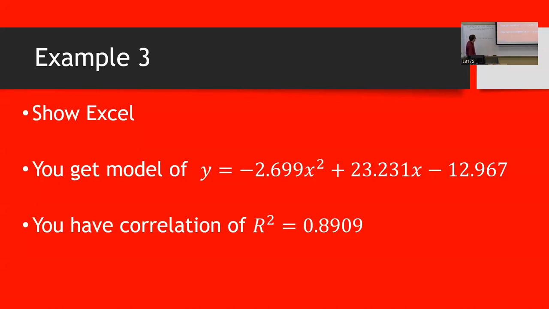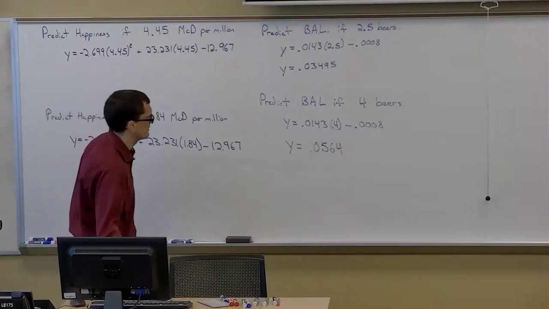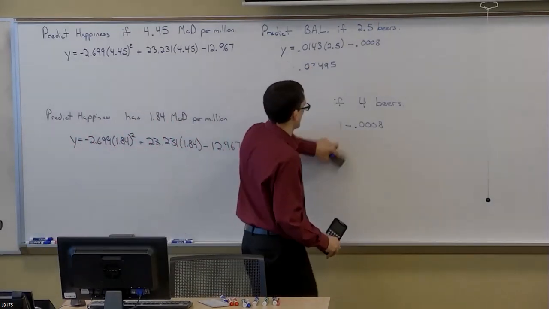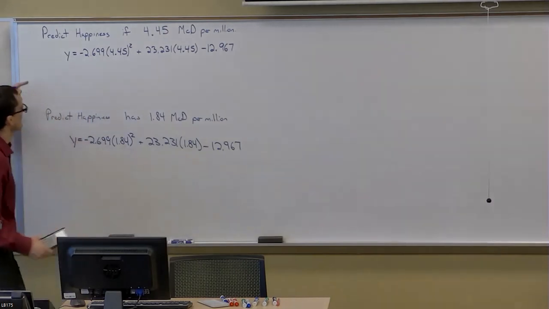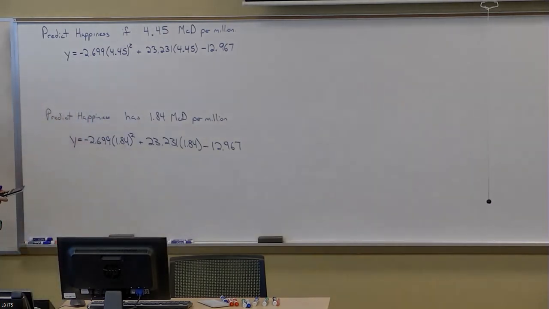And then for the second prediction, you're going to plug in 1.84 everywhere you see an X. And other than getting numbers that have been rounded to like 3 decimal places here, it's the exact same type of predictions we're making everywhere else. All right. So just type that in your calculator.